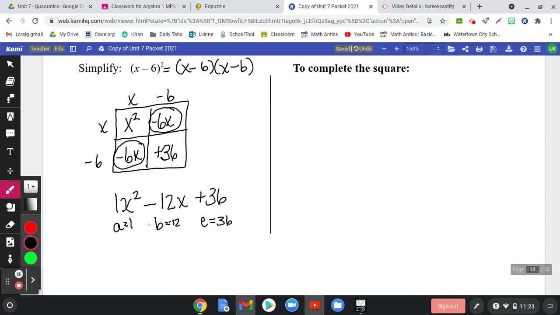Well, we're going to take it from this form right here, and we're going to work backwards to complete the square. So a quick way to do that, and again, it's going to seem very complicated at first, just bear with me. If you take your trinomial, x squared minus 12x plus 36.